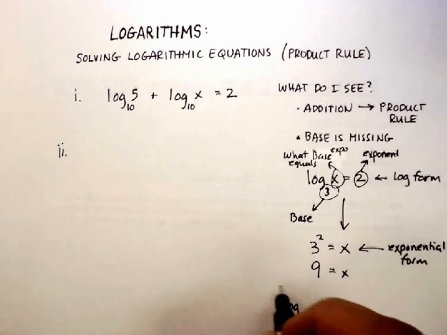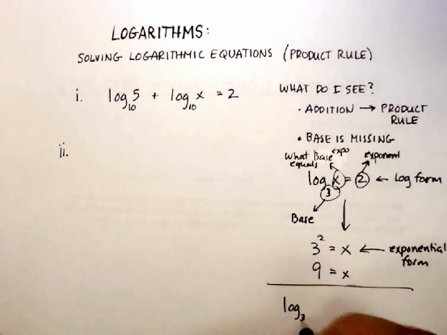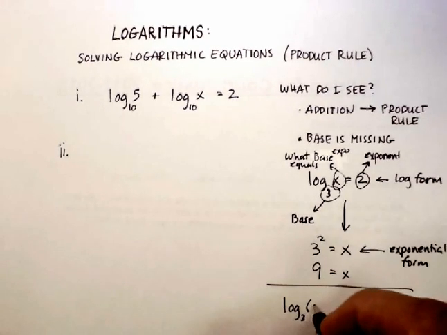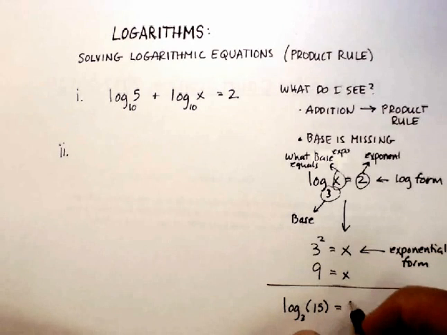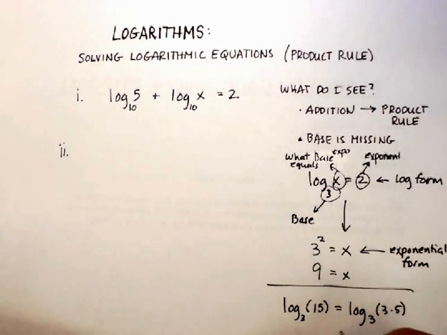Okay, so let's go back to the product rule. The product rule says this. If I have the log of any base, it doesn't make any difference, of a number, something like, let's say 15, that can be broken up into prime factors, the product rule says that the log of it is the sum of the logs of the individual factors.